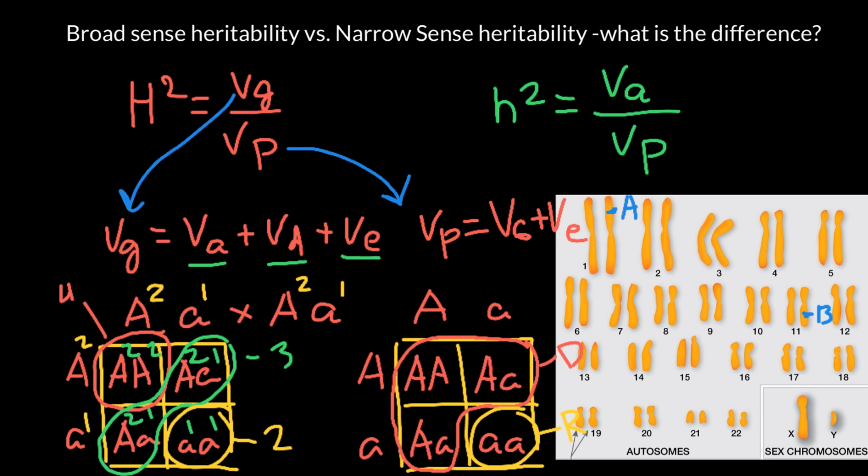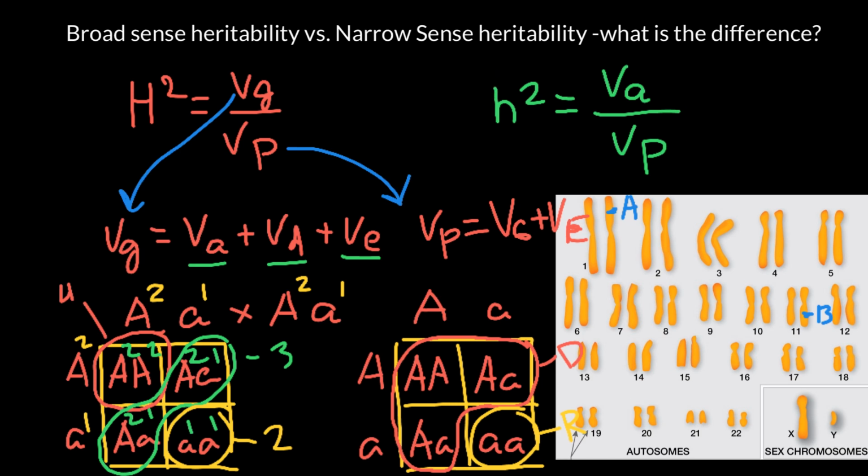So E here stands for the environmental variance, or we can capitalize this letter, so you would see that these are 2 different letters. So basically, once again, total genetic variance divided by total phenotypic variance would give us broad sense heritability.